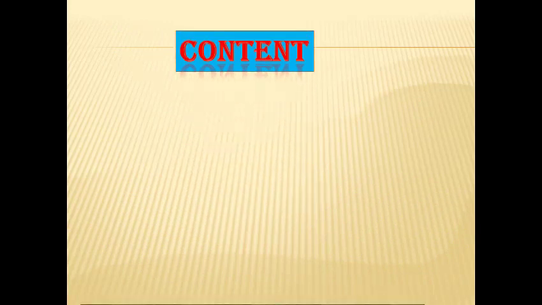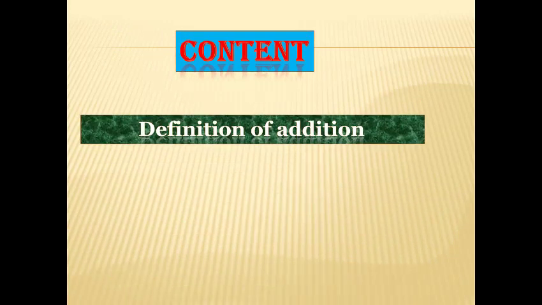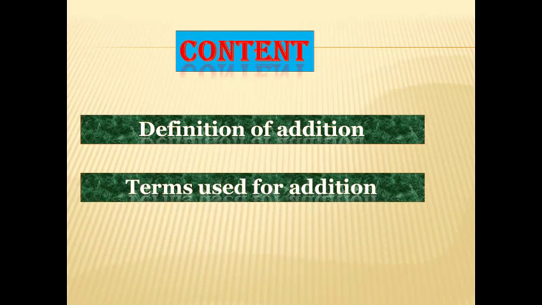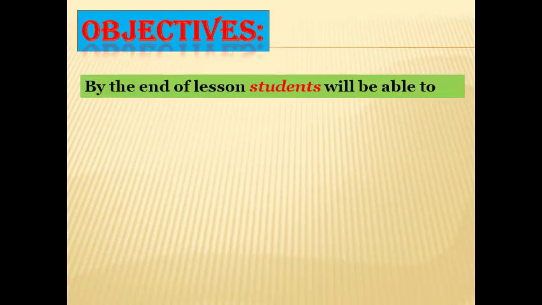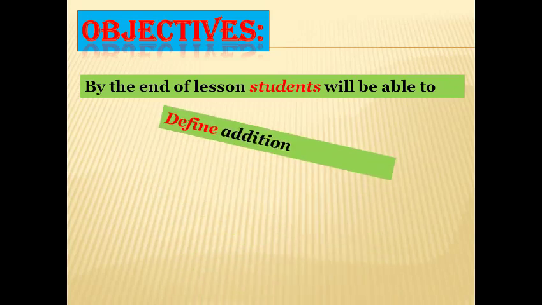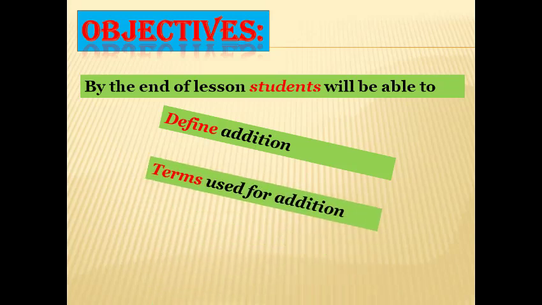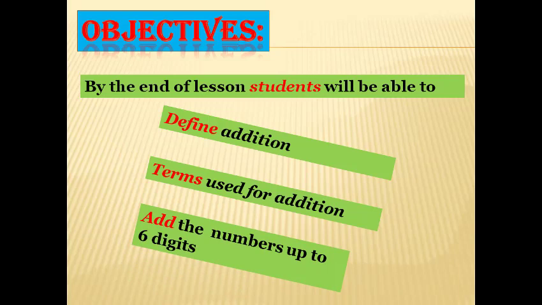In this lesson, we will discuss the definition of addition, terms used for addition, and adding numbers up to 6 digits. Objectives: by the end of the lesson, students will be able to define addition, state the terms used for addition, and add numbers up to 6 digits.